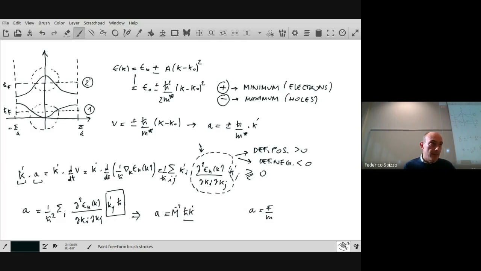So that matrix is the inverse matrix of the mass tensor. And so m to the minus 1 is equal to 1 divided by h bar squared times the matrix whose components are the second derivative of the energy versus wave vector dependence.